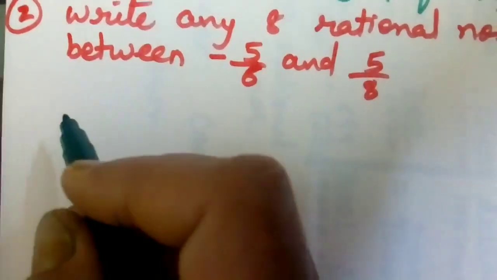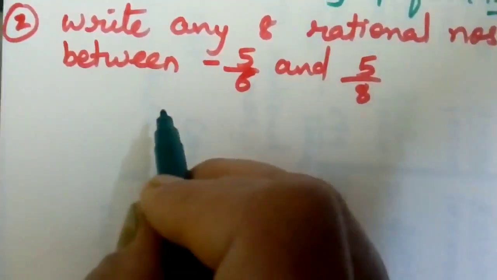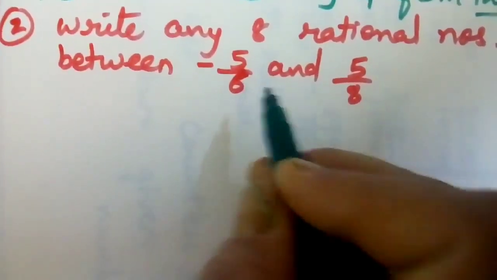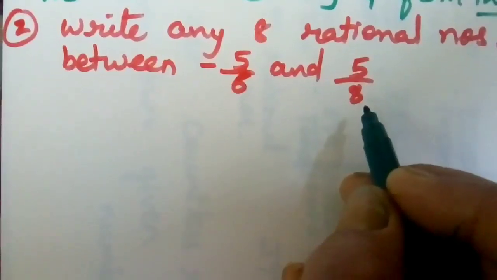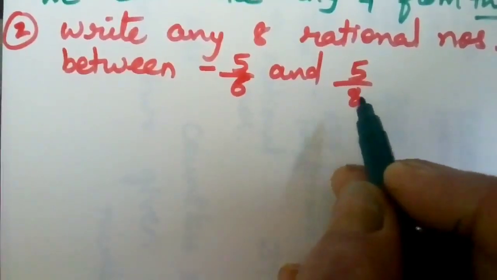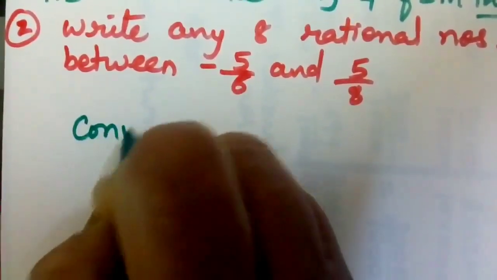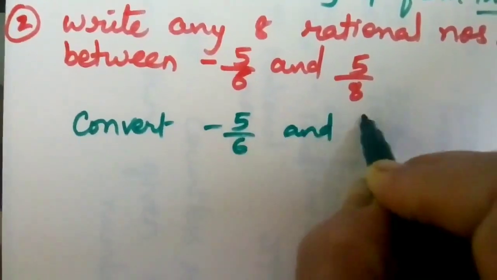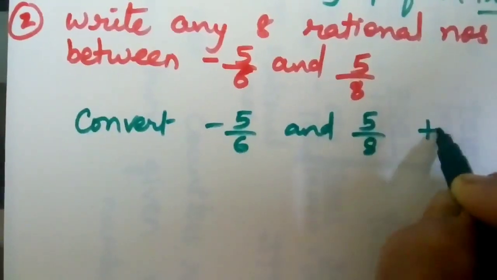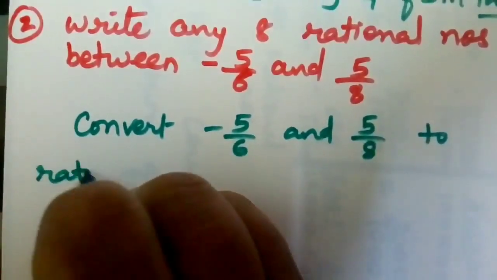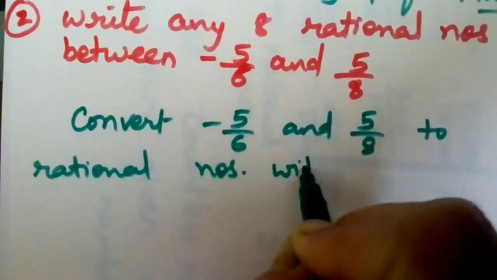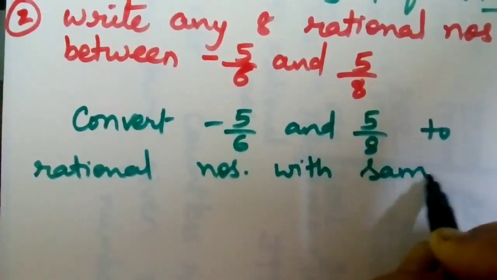Next example, write any 8 rational numbers between -5 upon 6 and 5 upon 8. Now first we have to convert these two fractions into rational numbers with the same denominator. So convert -5 upon 6 and 5 upon 8 to rational numbers with the same denominator.